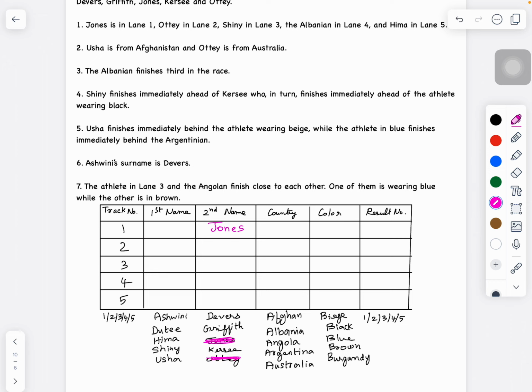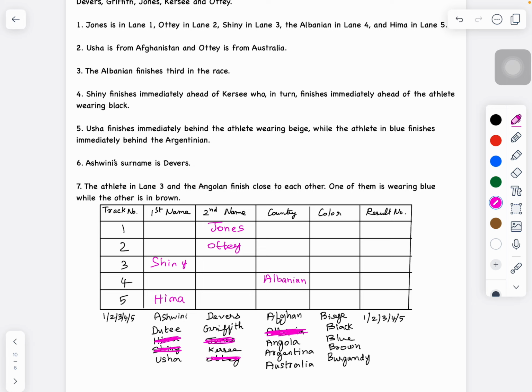So Otte is a person who is there in track number 2. Shiny is in lane 3. So Shiny is a person who comes in lane 3. And then Albanian is in lane 4. So Albanian is in lane 4, Albania, the country. And Hema is in lane 5. So Hema is in lane 5. So this is something that we filled. So first point is done.